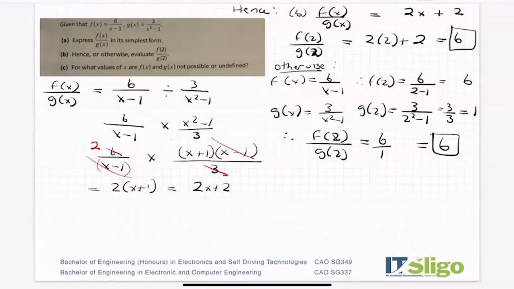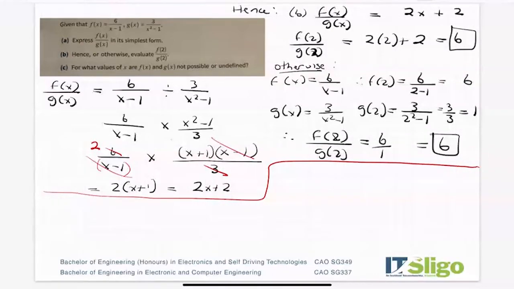Part C then is probably the more difficult part to wrap your head around. Okay, so for what values of x are f of x and g of x not possible or undefined? Okay, well, you always get not possible or not allowed or undefined answers when you're dividing by 0. Okay, you're just not allowed to divide by 0.